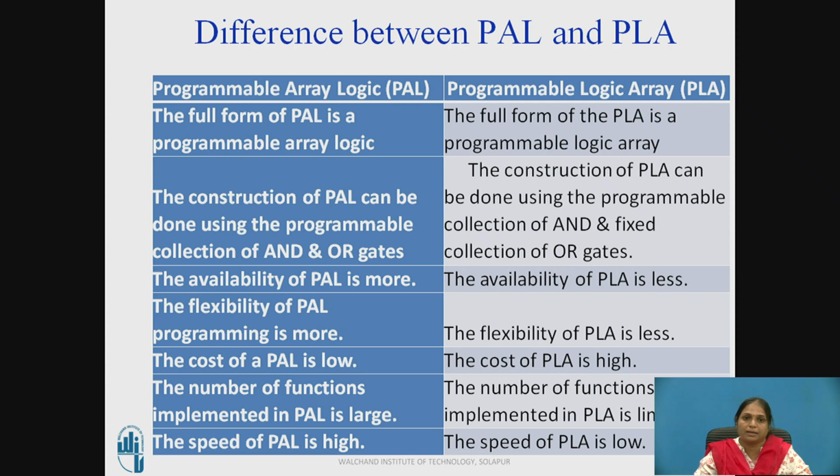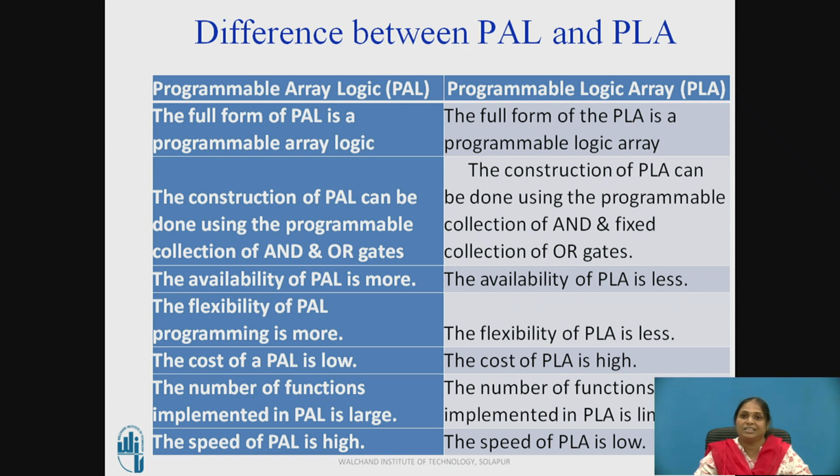Flexibility of PAL is less, flexibility of PLA is more. The cost of PAL is low. The cost of PLA is very high. The number of functions implemented in PAL is large, while in PLA it is less.